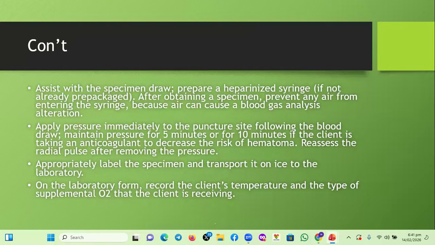The amount of oxygen the client is receiving has to be indicated, and the temperature needs to be indicated on the form. As for the vent, similarly, if the client is on a ventilator, you would have to indicate that the client is on a ventilator. Okay, thank you.